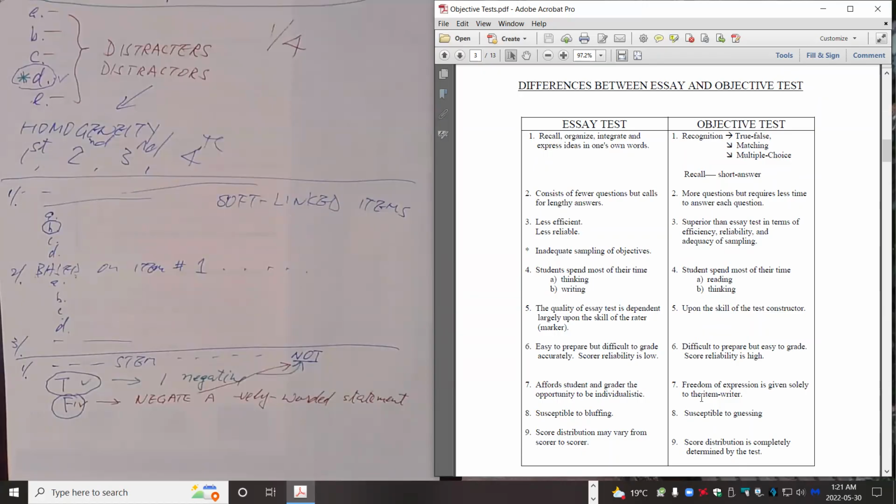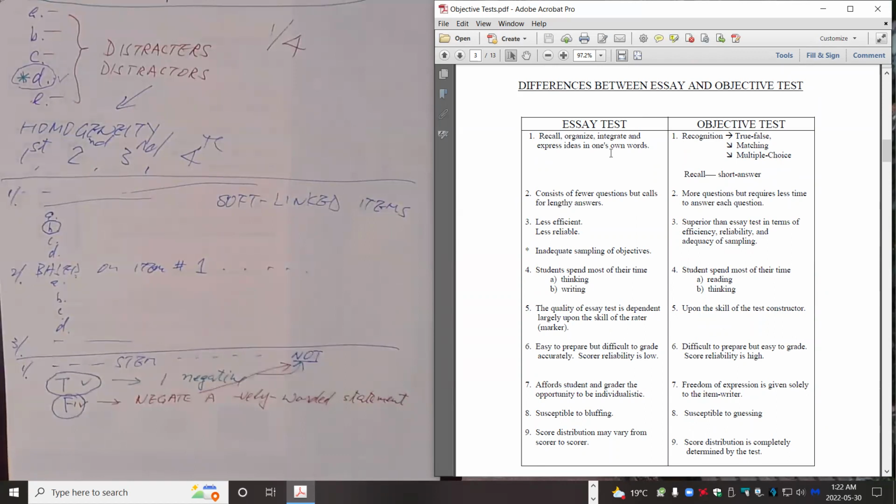Differences between essay and objective tests. So let's take a look at this here. Okay. Essay tests ask examinees to recall, organize, synthesize ideas, integrate ideas, and express those ideas coherently in their own words.